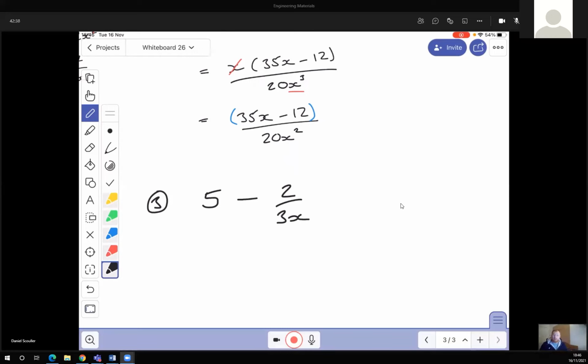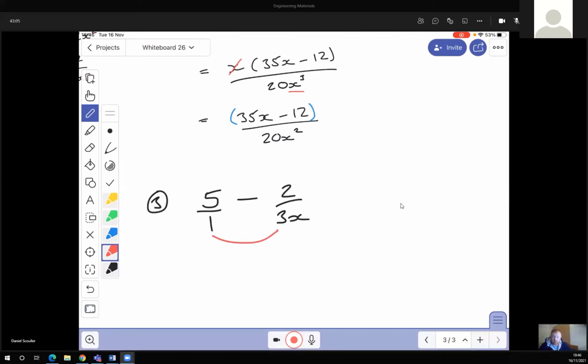So it's the same process. Now, if it's a whole number, so 5 in this case, essentially that is a fraction, but we don't write it out as one. 5 divided by 1 is 5. So you can write a whole number as a fraction. Then that just becomes the same process.